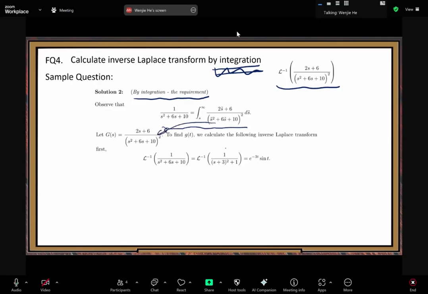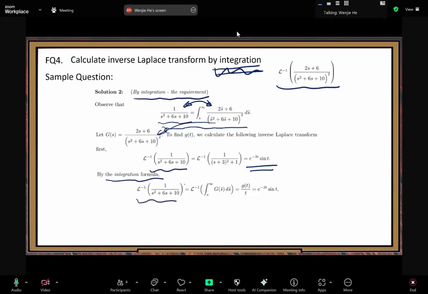Then we calculate the inverse Laplace transform of this. Here you can see there is an integration relationship, but we calculate the inverse of the integration result, so we can find the solution easily. Then we can apply the integration formula. The inverse Laplace transform we already know.